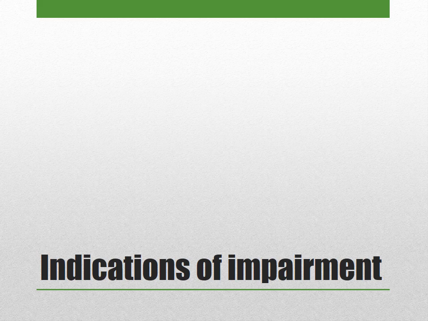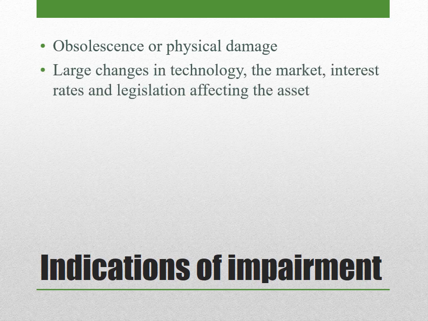Okay, so what sort of things do we class as an indication of an impairment? Well, there are several. If, for instance, an item has become obsolete or has been damaged, then this indicates that an impairment may have occurred.